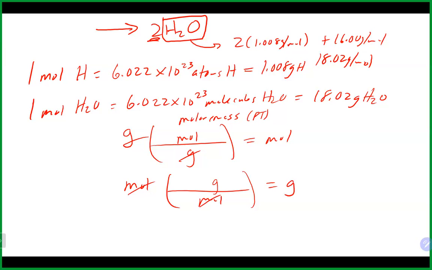So again, if I had 32 moles of water and I wanted to know how many grams that would be, I would take my molar mass of water, which is 18.02 grams per mole of water, or a mole of water is 18.02 grams.